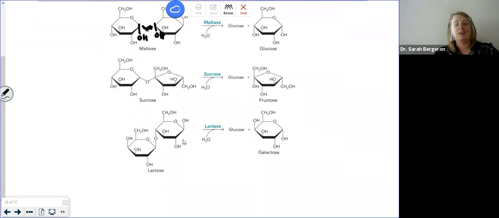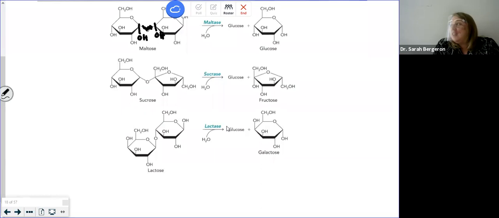And then you have lactose, it's the same thing. But these are specific enzymes, and there are enzymes that we don't express equally throughout our entire lives. What is one of those enzymes that we don't express all the time? Lactase. So most people, as they get older, become lactose intolerant. Why do you become lactose intolerant?